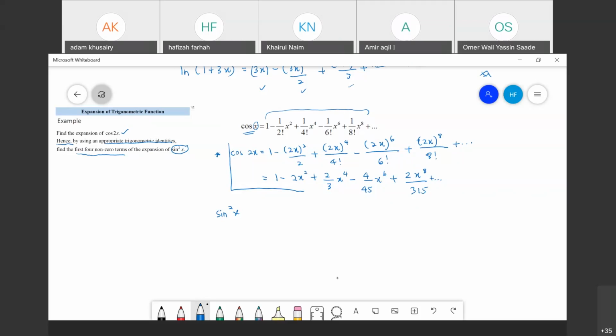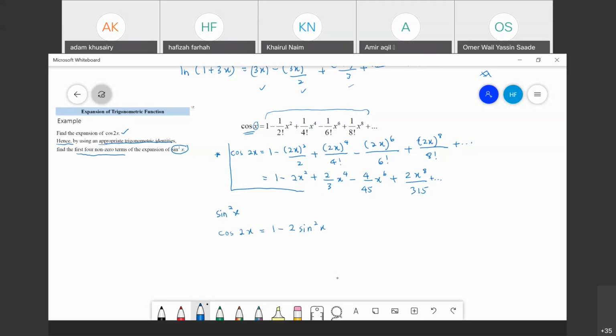Okay, the trick is they already asked you to use the trigonometric identities. When you refer to the identities formula, you will notice that there is one formula that involves cos 2x, which equals 1 minus 2 sine square x.